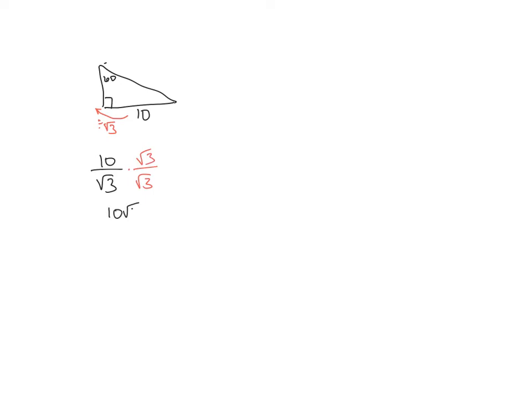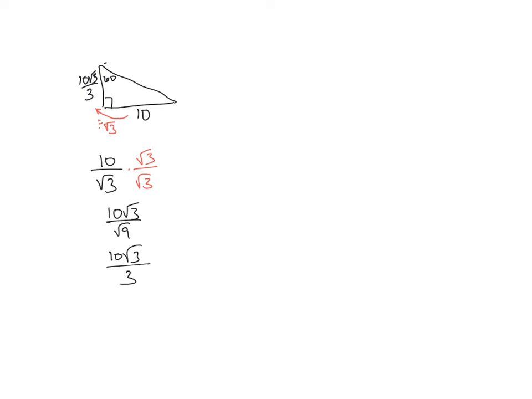I get 10 square root of 3 over square root of 9, or 10 square root of 3 over 3. And again, can't do anything with the 3's there. That will always happen though. On this type of problem you're going to get square root of 3 on top and a regular 3 on the bottom. And then 10 and 3 on the outsides, I can't even reduce that. So the length of that side, as weird as it might be, is 10 square root of 3 over 3.